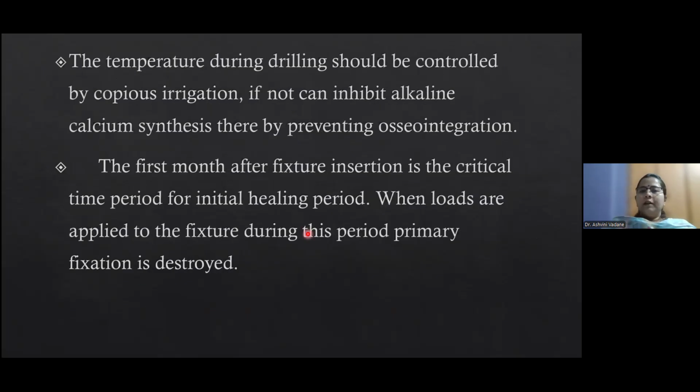The temperature during drilling should be controlled by copious irrigation. If not, it can inhibit alkaline phosphatase synthesis, thereby preventing osseointegration. So there should be copious irrigation. The first month after fixture insertion is the critical time period for initial healing. When loads are applied to the fixture during this period, the primary fixation is destroyed.